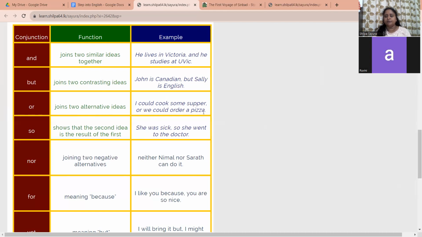Alternate means options that we can choose. Options we call alternatives. Also, supper means the evening meal.